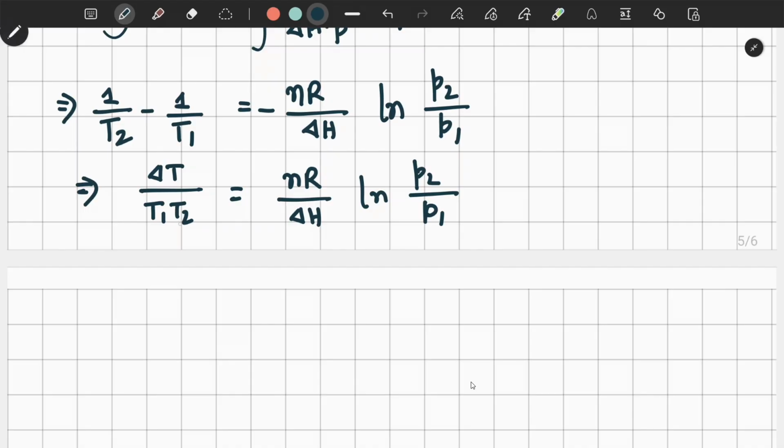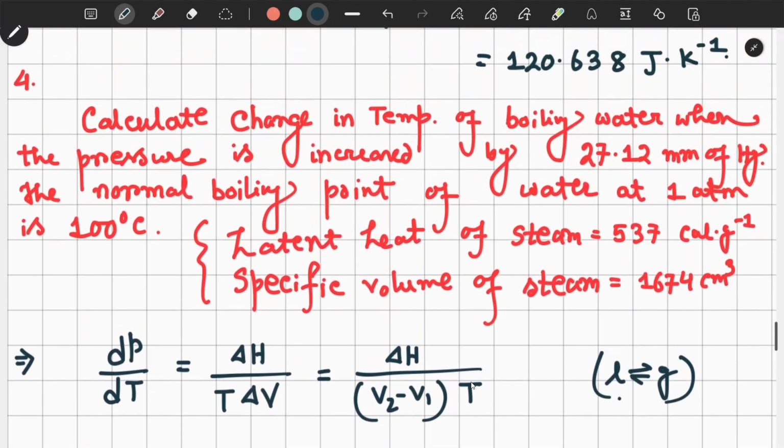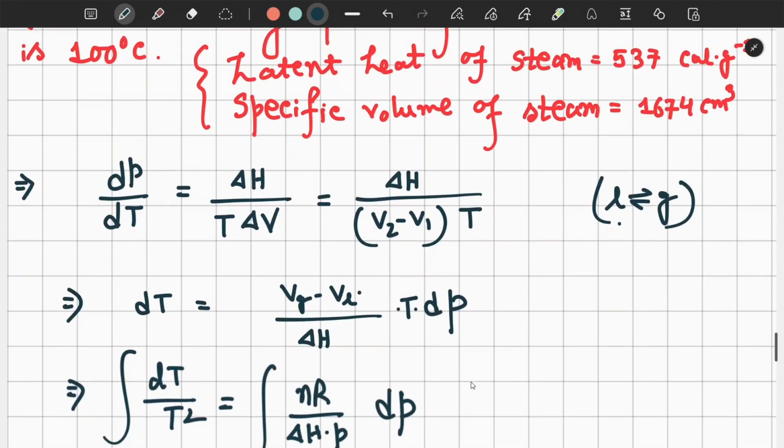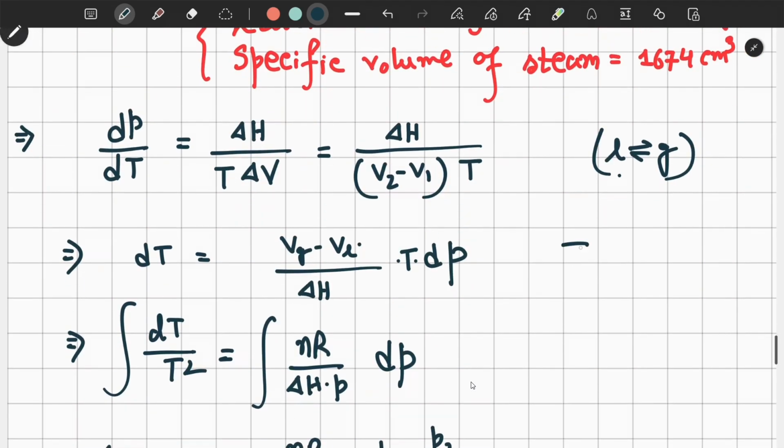Now you have to just put the values. Everything you know, except T2, because you have to calculate the T2. You know only the P1. What is the P1? 373 Kelvin, and associated P1 you know that is 180 mm.